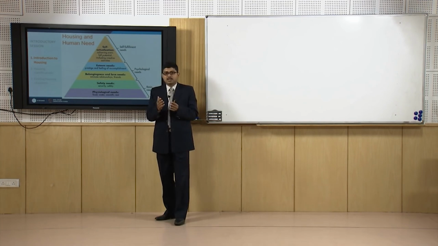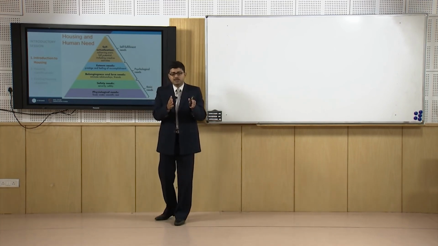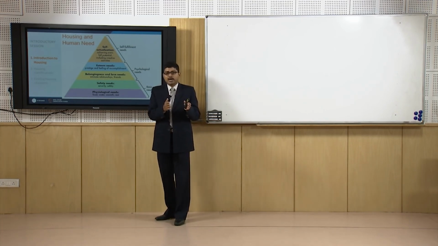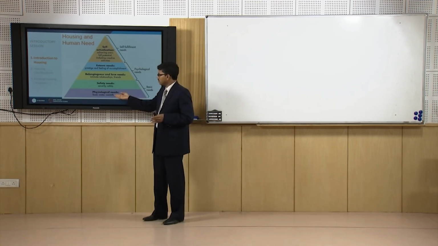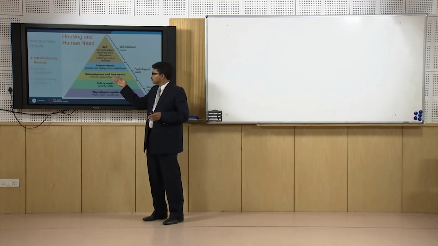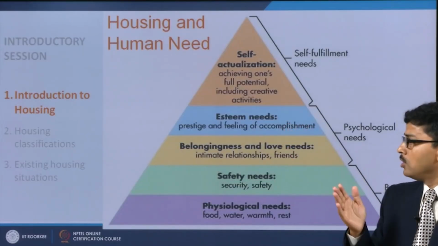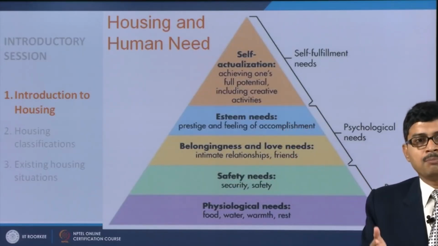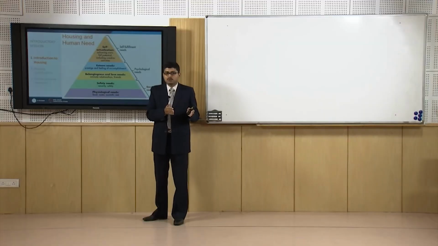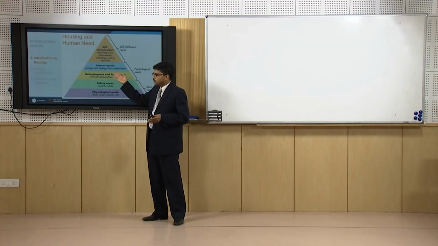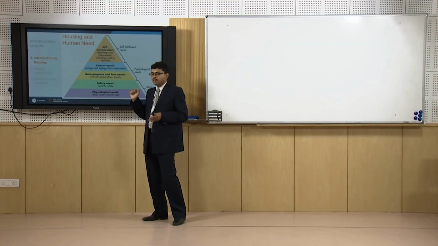You can understand that a person who is having a house definitely has more recognition as a human being in our society, because he enjoys all the basic needs, right. So esteem needs, which are nothing but the recognition or human prestige, are also related to house, because a house fulfills all the other basic amenities.